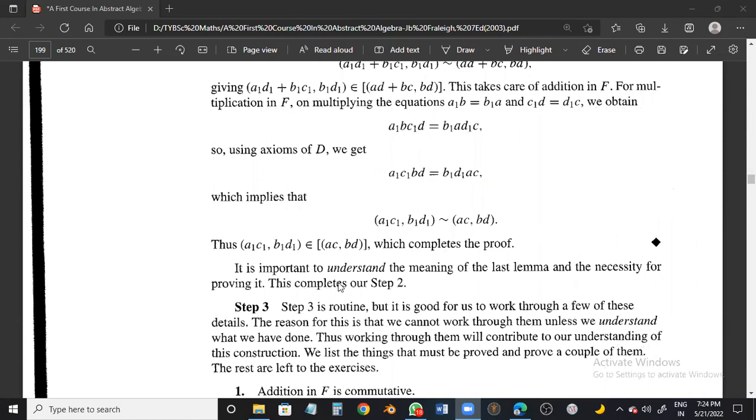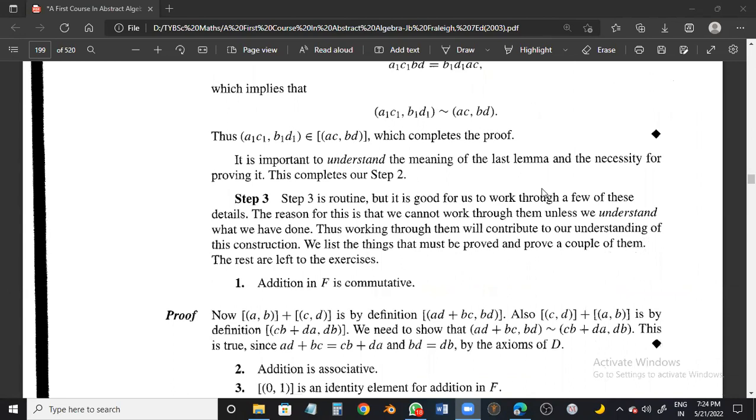So we have tried to show that this is back in the equivalence class. Now it is our duty to show that all the field axioms hold with these definitions, and that is why we are going ahead.